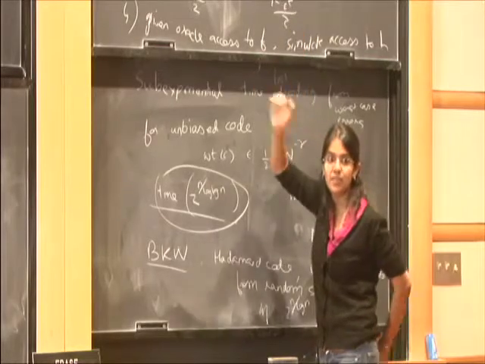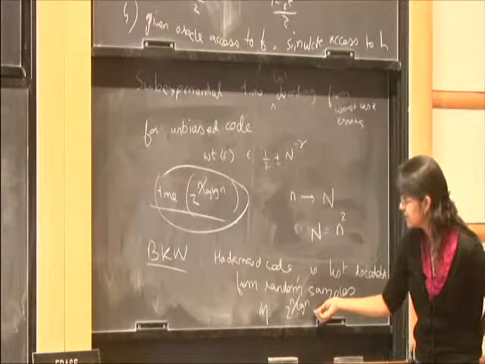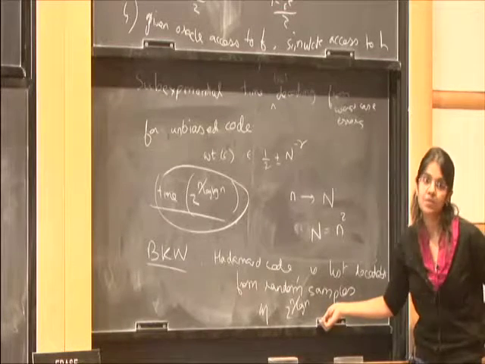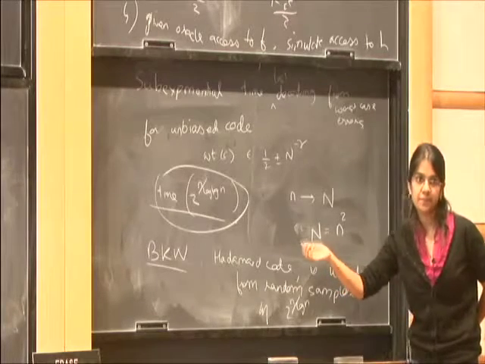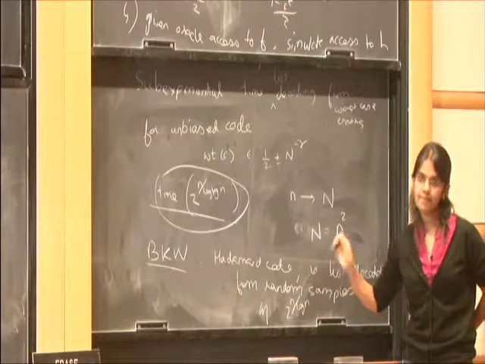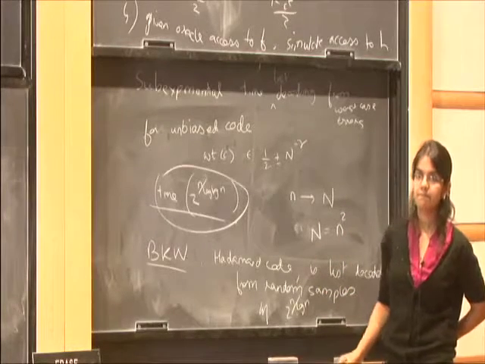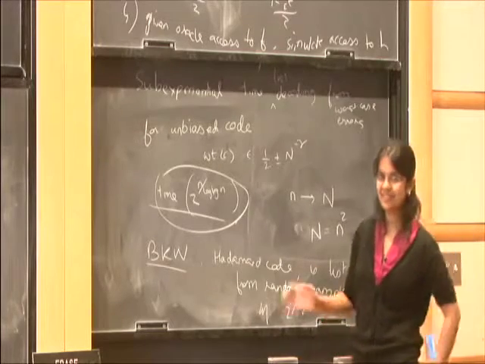So BKW takes 2 to the n over log n time when list decoding from a constant number of errors. But when the number of errors is very, very close to half, the time complexity becomes much worse. Okay, so I can stop here.